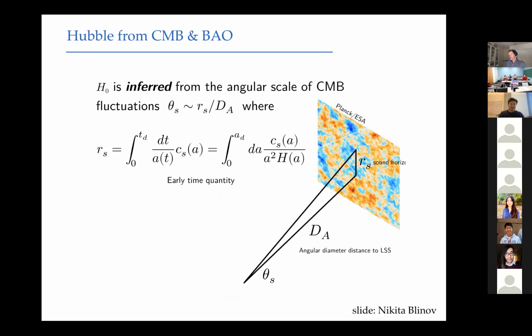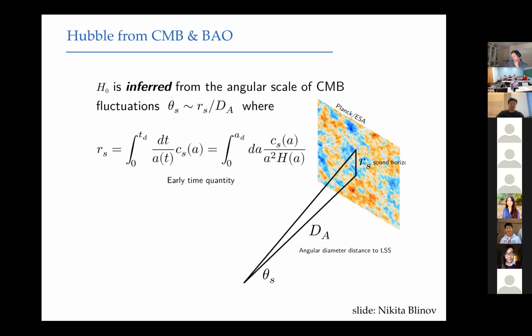This is a quantity that depends on the distance to the surface of last scattering, and it also depends on the distance that a sound wave had time to propagate in the very early universe up until the surface of last scattering. This is a quantity that depends on the integrated Hubble rate at early times. And so if you modify early universe cosmology in a suitable way, you can change how we would extract that, because ultimately what we measure is theta sub s.